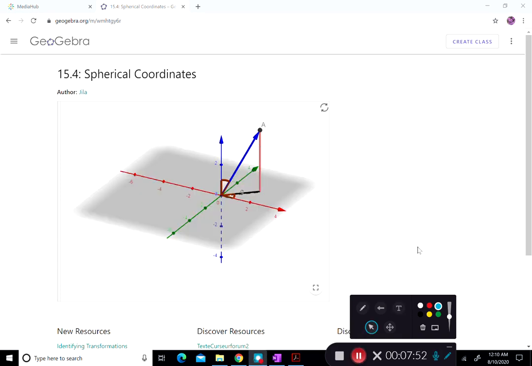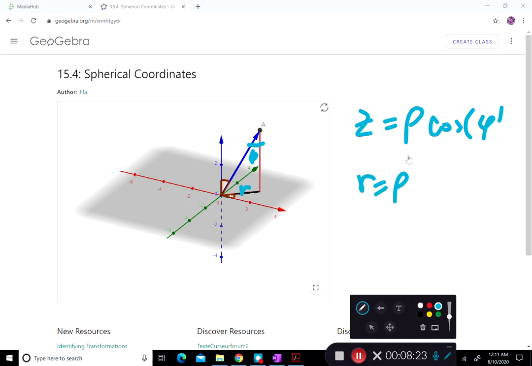How do I find x and y? To find x and y, I have to find r. But r is also in that triangle, so r is going to be rho sine phi.